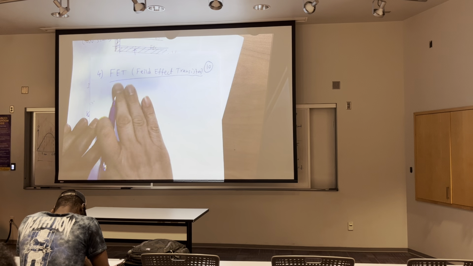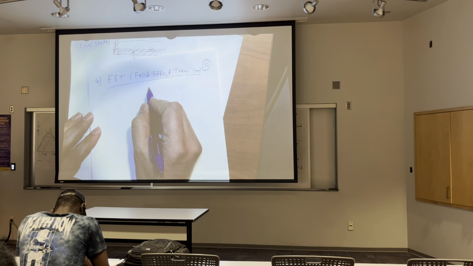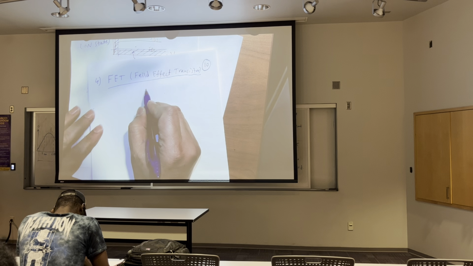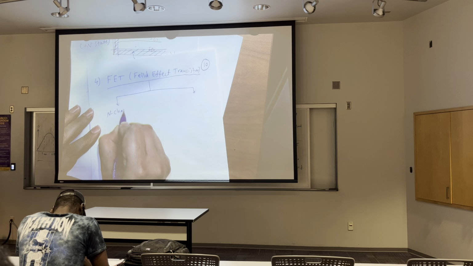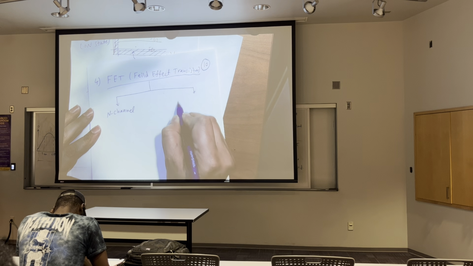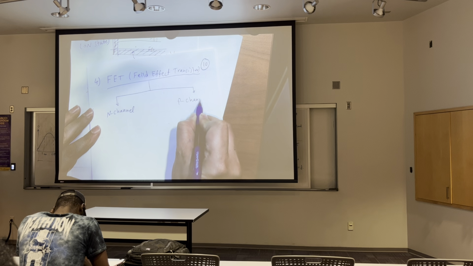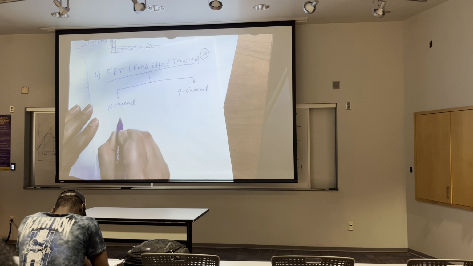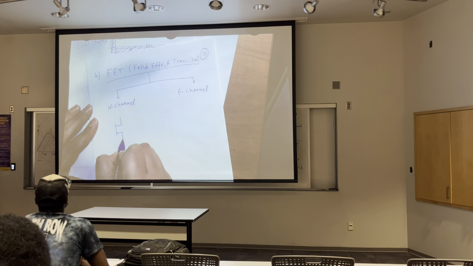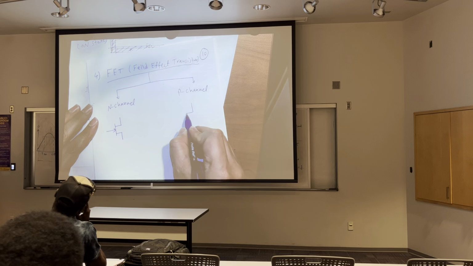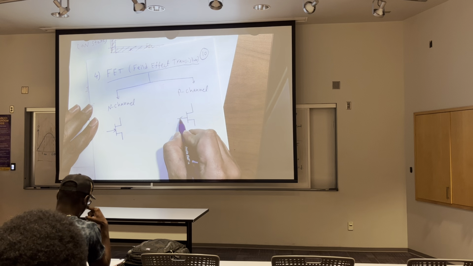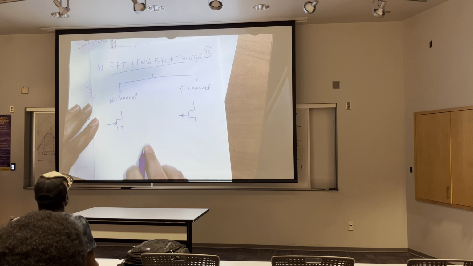Field effect, also power field effect. We have 2 types of field effect: N channel or P channel. N channel is N channel, and P channel is P channel. Simple.